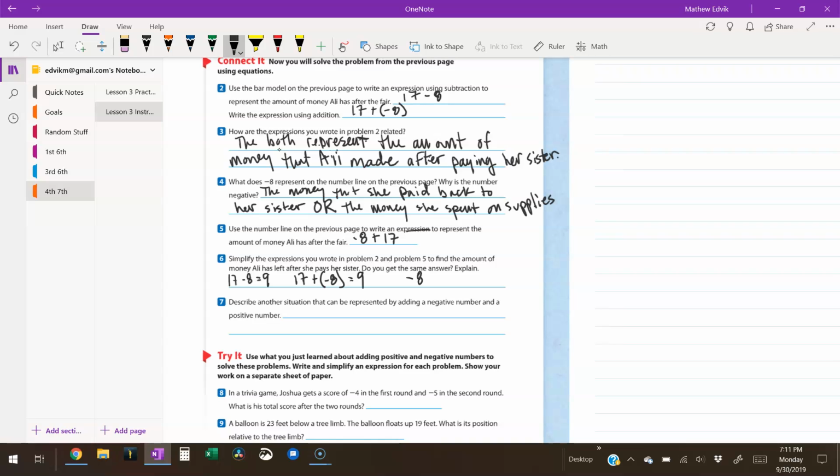And then -8 plus 17 is also 9. So when it says simplify the expressions, what that really means is solve the equation. Well, you're really not solving the equation because it was just an expression, but we're finding the answer. We created an equation here.